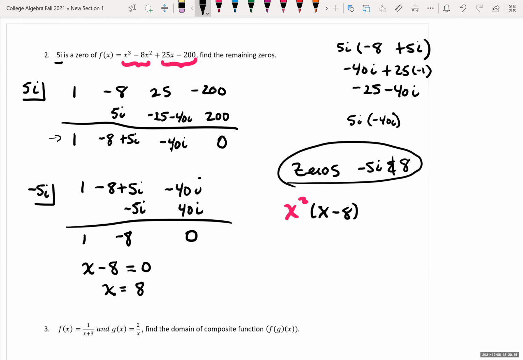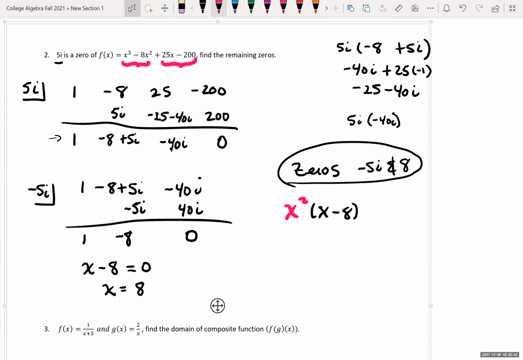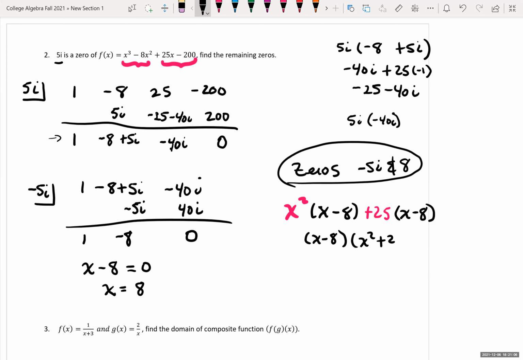Here, 25 and minus 200, we could have factored out a positive 25. And so that would give us x minus 8. Factoring out x minus 8, all times x squared plus 25.